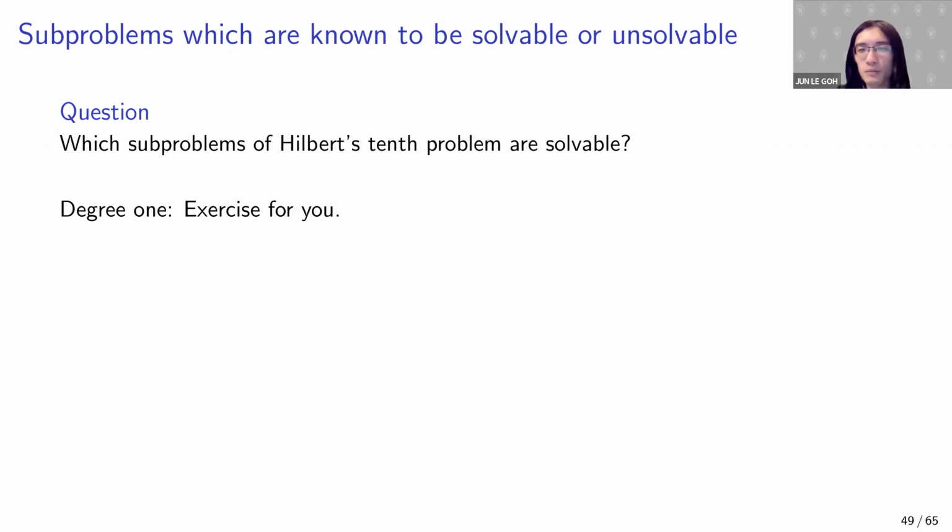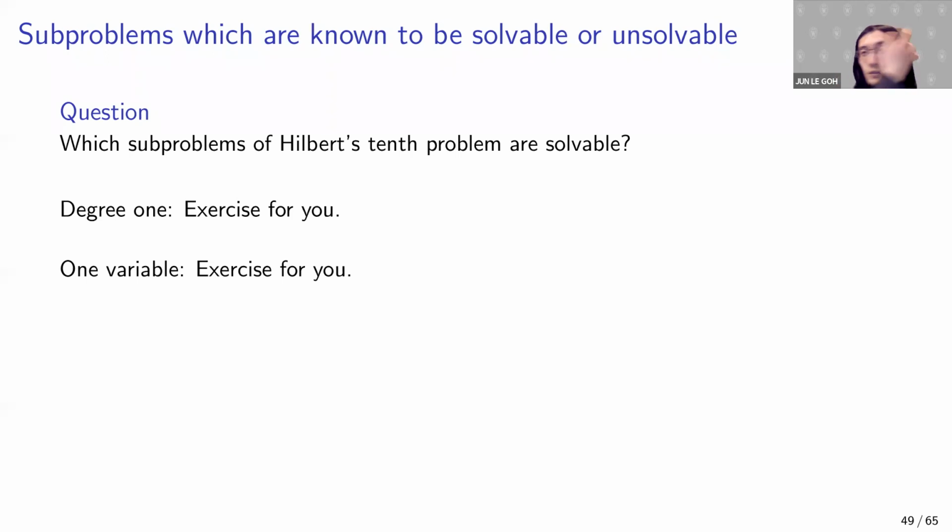Another example, which is known to be solvable, is one variable. Now we have a single variable, but you allow powers of the variable. So this is just polynomials in one variable with integer coefficients, and you're asking whether there is an integer solution. In other words, whether there's an integer root, right? That's the usual phrase that is used. So that's also well known. We know how to do that.